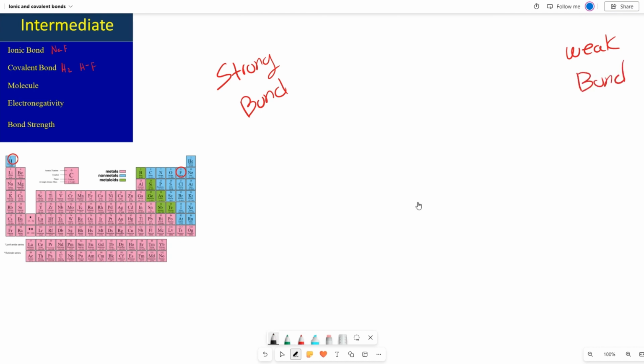Now the strongest of these 3 bonds is the covalent bond. Then the intermediate strength one would be the polar covalent bond. And then the weakest one would be the ionic bond.